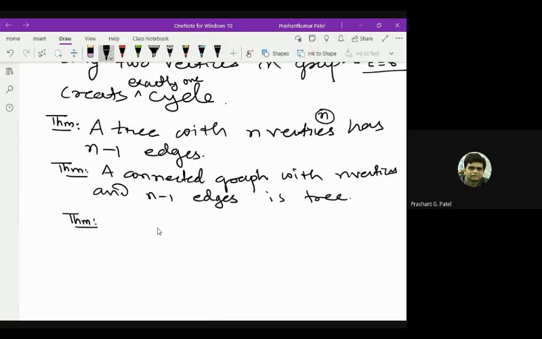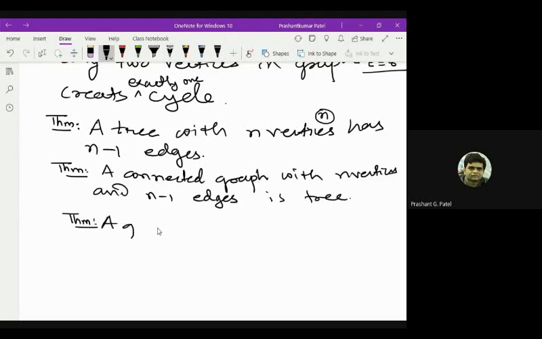I'm repeating the question. A minimally connected graph means what? If you remove one edge from the connected graph and the graph becomes disconnected, then that graph is called a minimally connected graph. Now I'm asking you a question. You have a tree. Can you say that it is a minimally connected graph? A tree can be minimally connected, but does the converse hold, that a minimally connected graph is a tree? The result is true both ways.